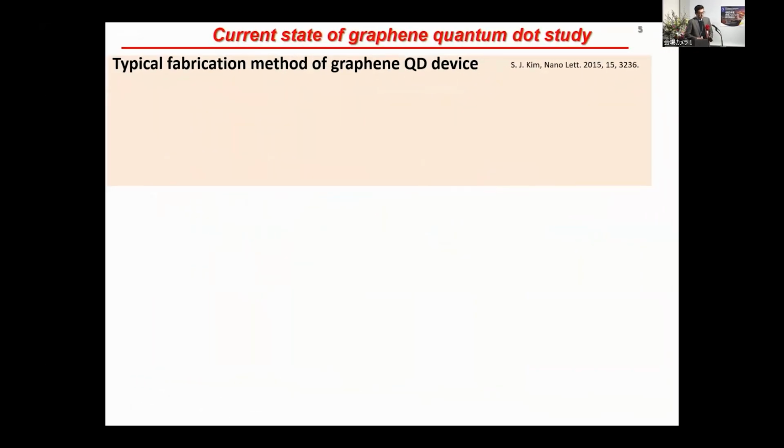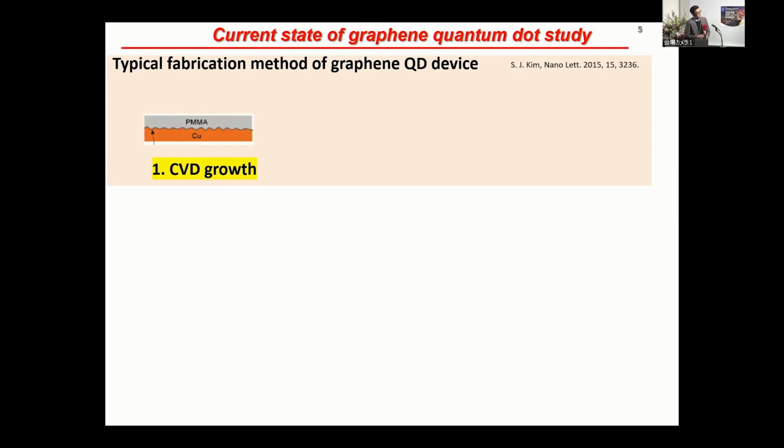So I'll briefly explain the current state of graphene-based quantum dot studies and how graphene-based quantum dots are fabricated in the world at the current state. The most popular one is like this. At first, we fabricate a two-dimensional sheet of graphene by using the conventional thermal CVD process. We often use a copper foil, which makes it easy to control the thickness of the graphene.